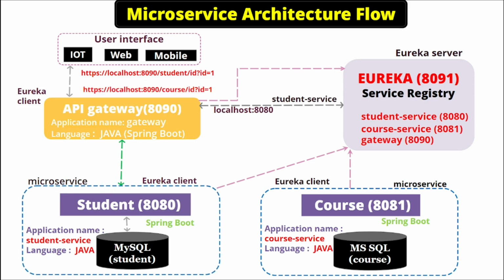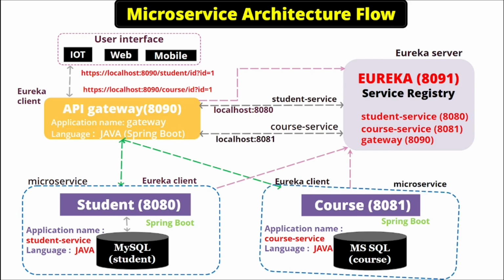Similarly, when the user interface calls with another URL, the API gateway does the same thing: it finds the application name for that URL, calls the Eureka server with that application name, Eureka returns the address, and the API gateway calls that microservice. So this is how the complete workflow works.